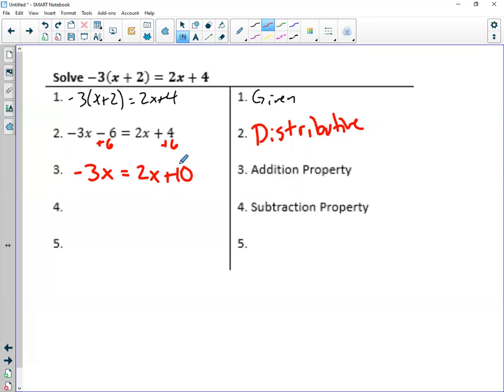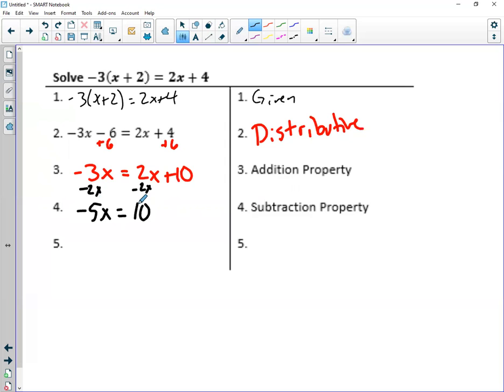So now, the next thing it tells me to do is use the subtraction property. What am I going to subtract to help me solve this? Go ahead. I'm going to subtract 2x from both sides. Yep. So then I'm going to get negative 3 minus 2 is negative 5x equals 10. And that's how we use the subtraction property. Now, how do I solve for x right now?